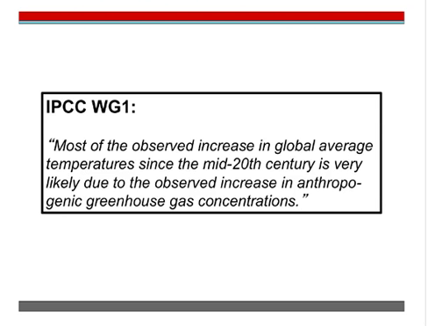Put this and a whole bunch of other evidence together, and the last IPCC report, the fourth assessment report, made the statement that most of the observed increase in global average temperatures since the mid-20th century is very likely, and very likely has a specific meaning here, due to the observed increase in anthropogenic greenhouse gas concentrations.